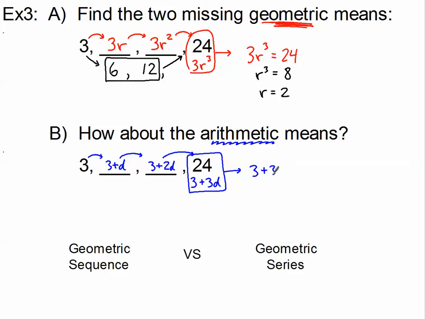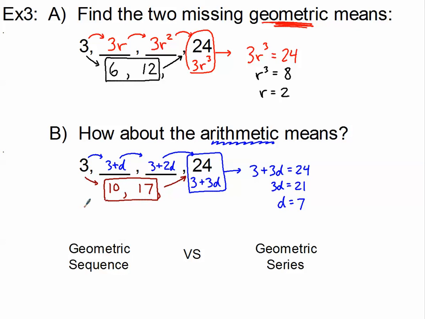So 3 plus 3d is equal to 24. Subtract the 3, and 3d equals 21, and therefore d is 7. What we're adding becomes 7. So 3 plus 7 becomes 10. 10 plus 7 becomes 17. 17 plus 7 does indeed equal 24.